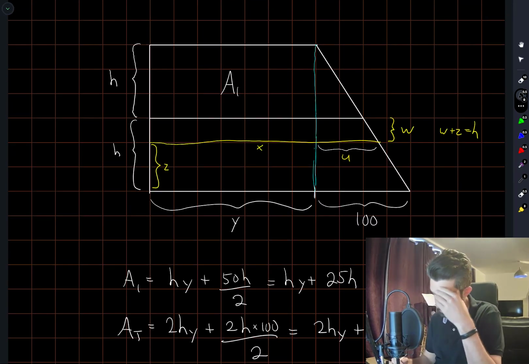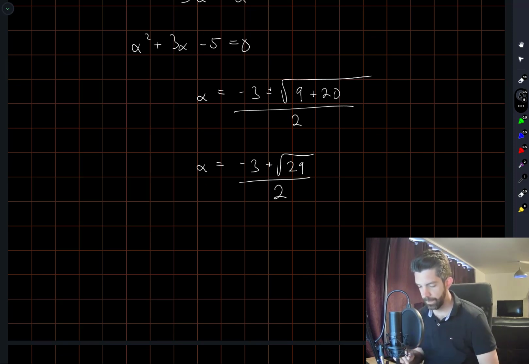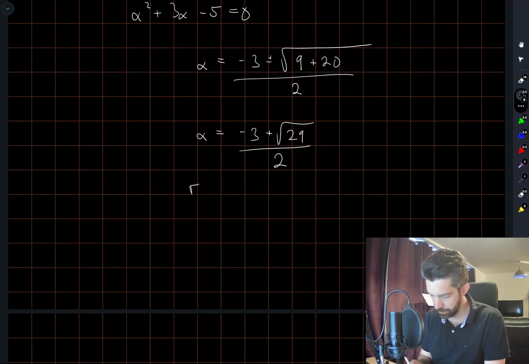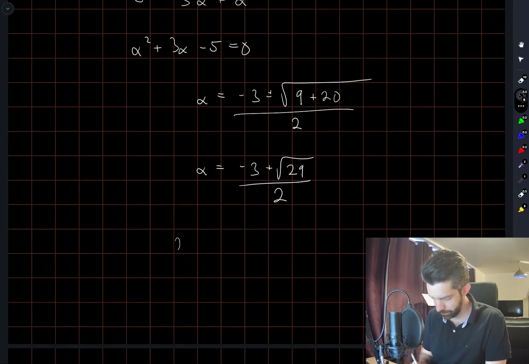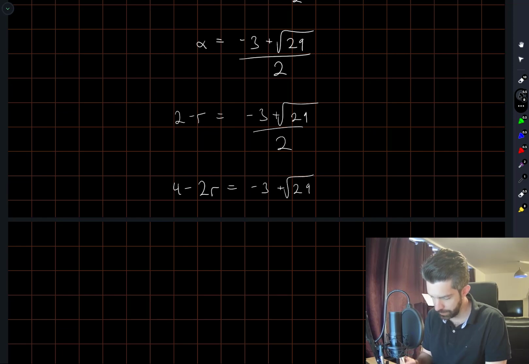Do I have a mistake? Well, if we remember the ultimate part of this question, we have to square the value of x. So let's just keep alpha as that. So 4 minus 2r is equal to this mess.